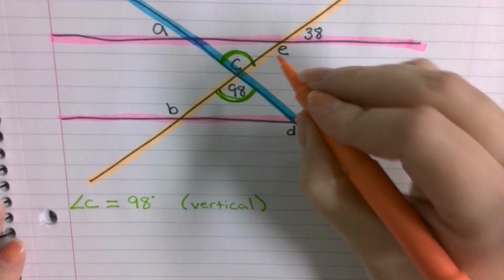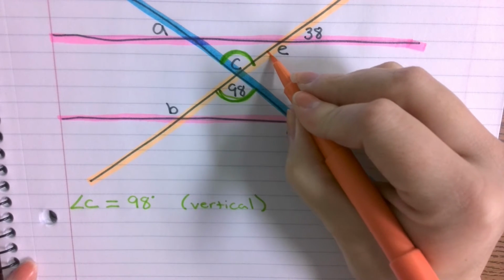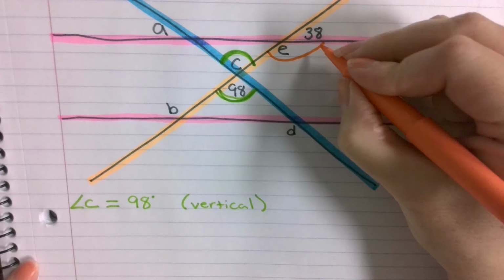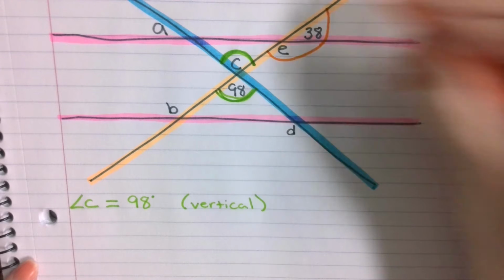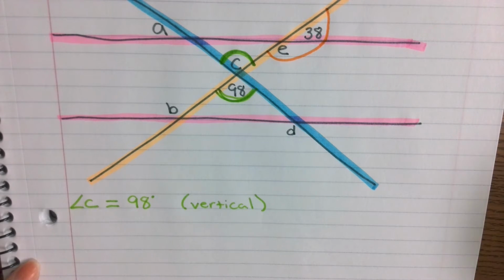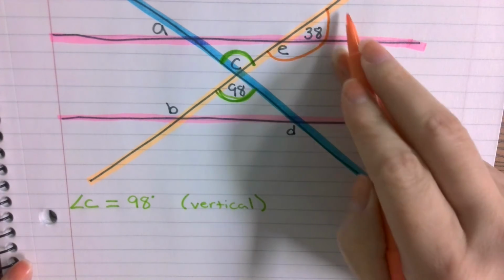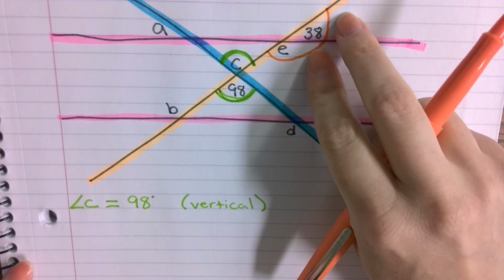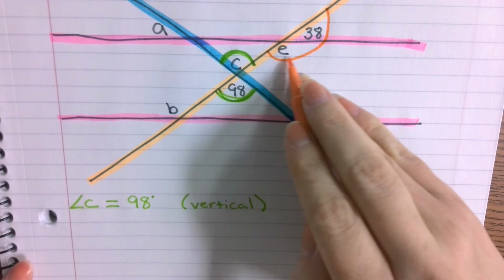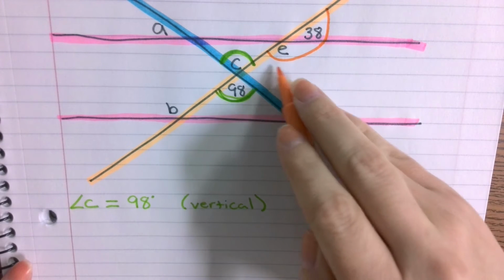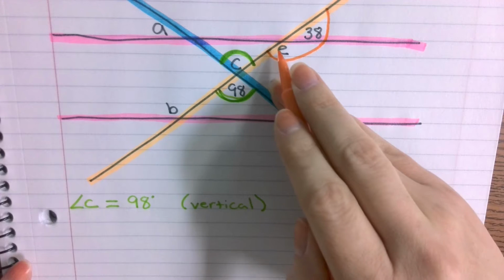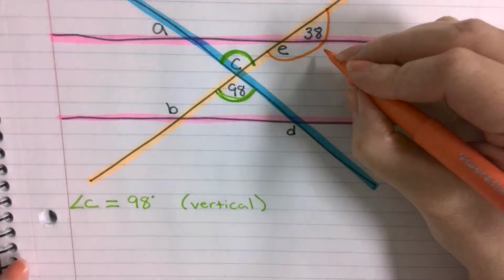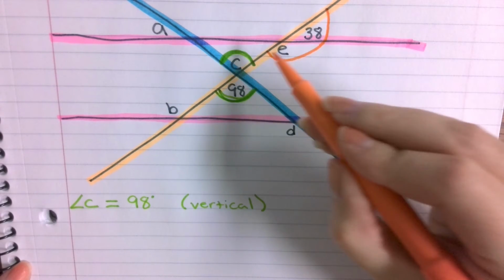Starting with angle E. Angle E actually is going to have a relationship with angle 38 degrees, in the sense that if I combine those 2 adjacent angles, because they are next door to each other, what relationship do they have, Mylin? Supplementary.